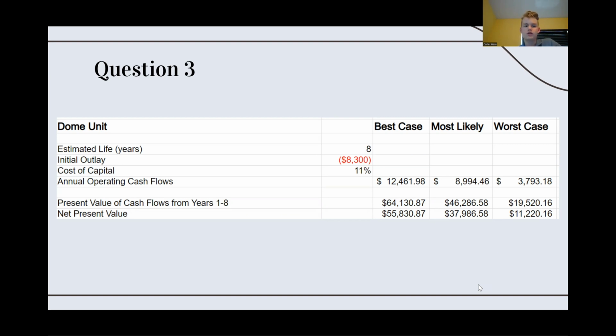So we'll start off with the dome unit. We get its estimated life, initial outlay, cost of capital, and annual operating cash flows from the previous questions. We are able to calculate the present value of cash flows from years 1 to 8 by doing the PV equation in Excel and plugging in the numbers above.